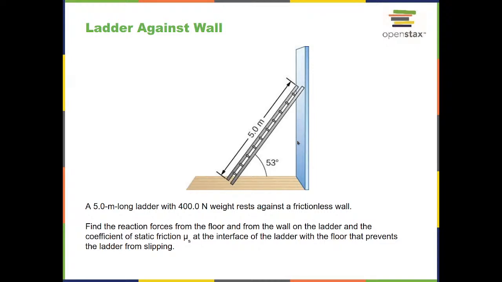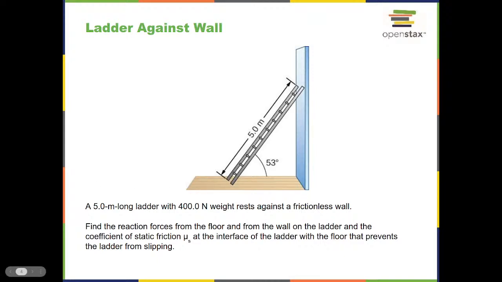The wall is frictionless. But of course there's going to be some friction of the floor here, which will translate into a component of the force that is pushing against the ladder towards the wall. Let's assume, for the benefit of whoever is climbing on the ladder, that this is static friction, and so the ladder is not sliding yet, and this is entirely a problem of static equilibrium.